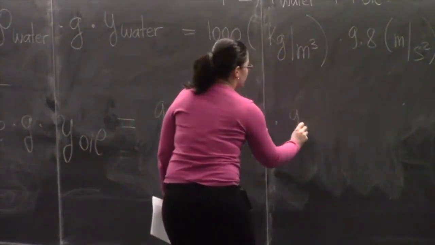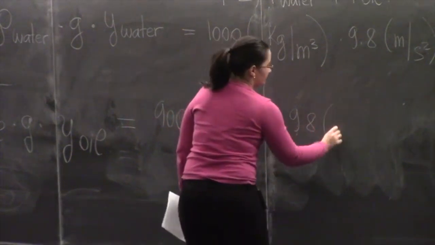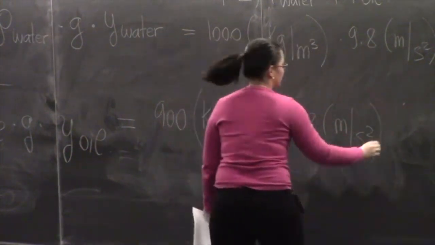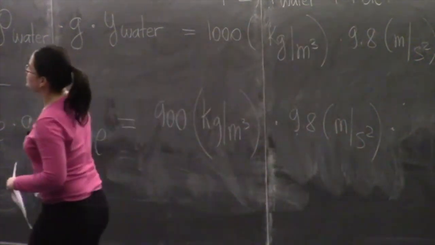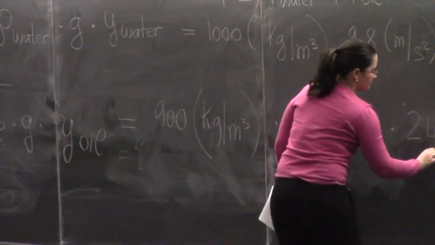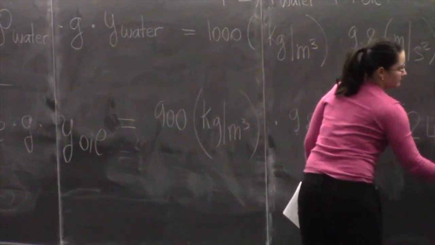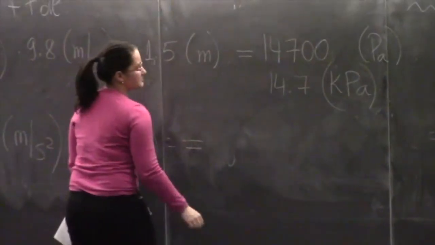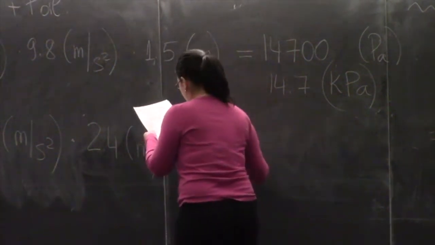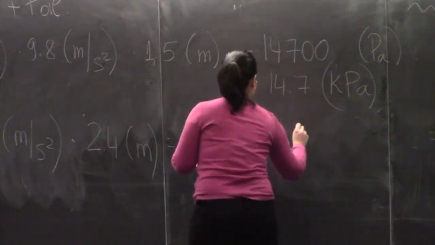Constant of gravitational acceleration is the same. And the level of oil is 2.4 meters. And this gives 58,168 pascals.